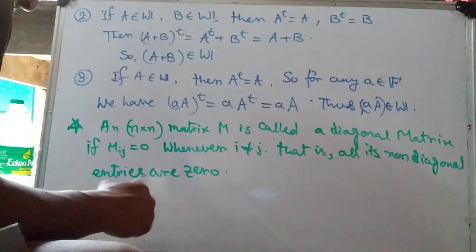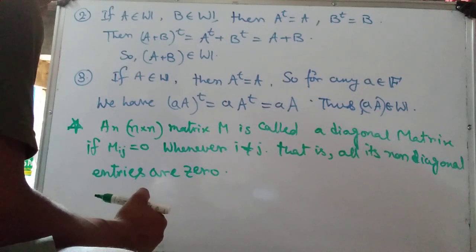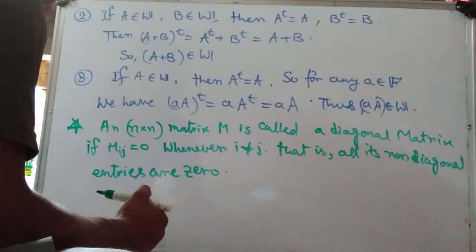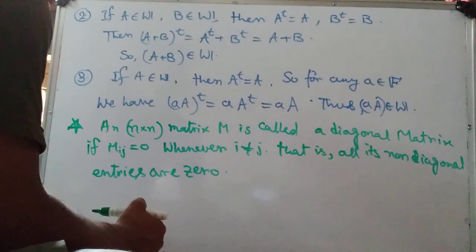Then clearly the 0 matrix is a diagonal matrix, as all of its entries are 0.